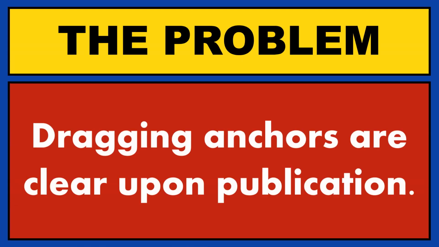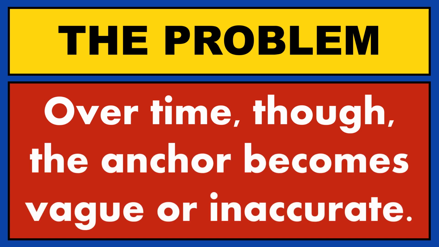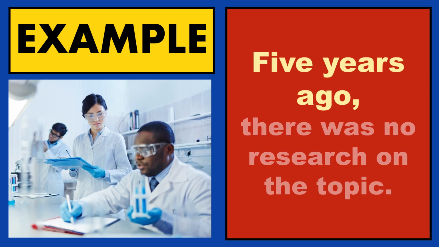The dragging anchors are clear upon and at the time of publication. Over time, though, the anchor becomes vague and inaccurate. For example, in an academic context, you might write "5 years ago, there was no research on the topic," whichever topic it is that you are investigating.